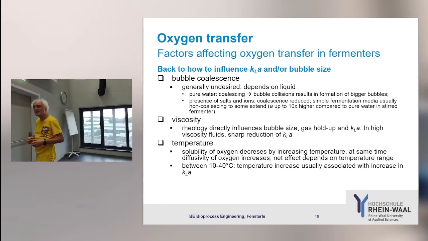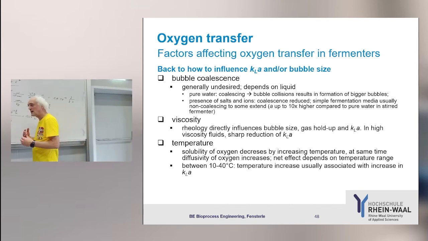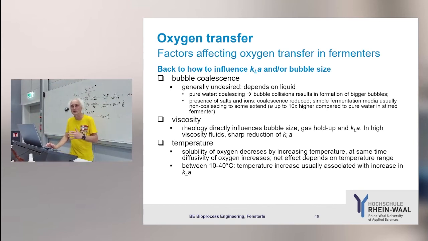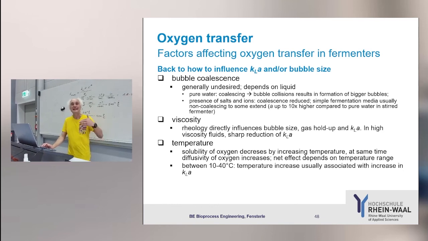And you see here that the temperature range we are talking about is usually 10 to 40 degrees. If we increase the temperature in this range, we decrease the oxygen solubility, but still overall, we rather increase the KLA value. But it's not like increasing the temperature will substantially increase the rate. This is not the case.